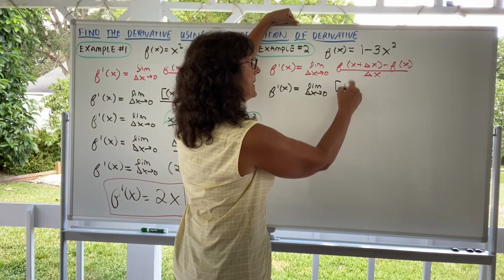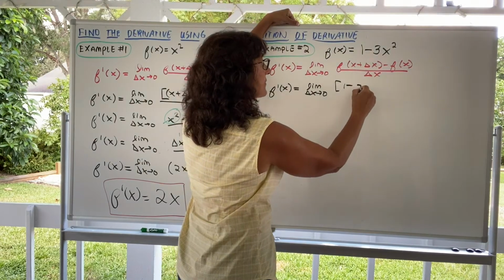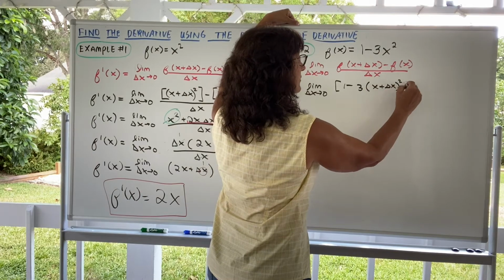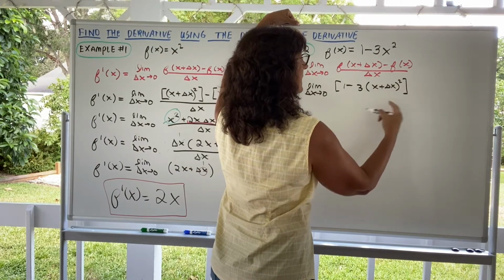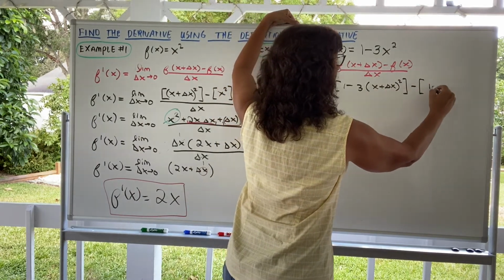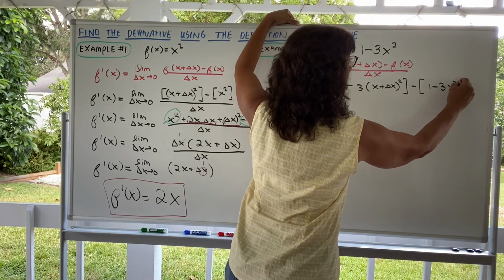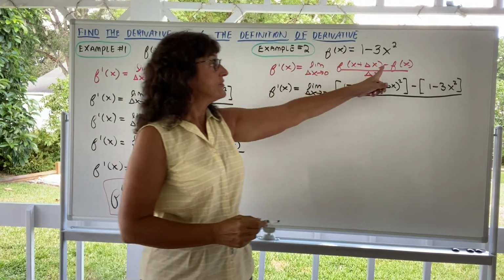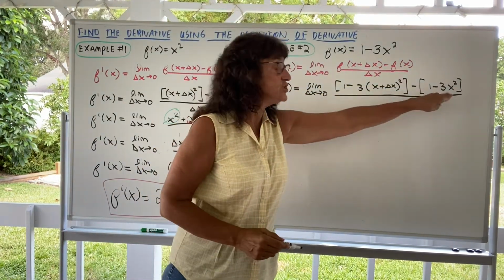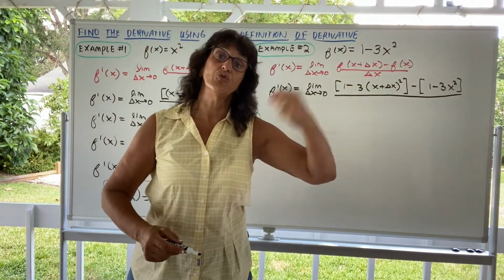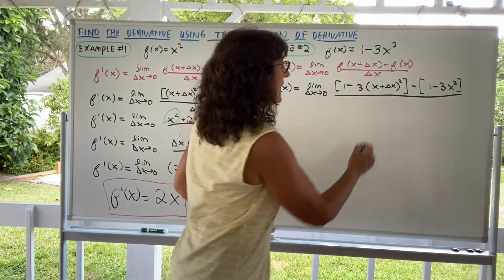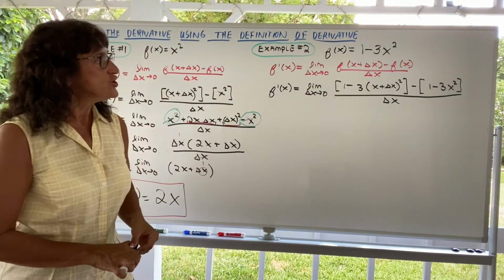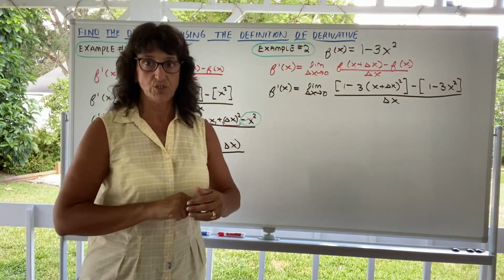So you have 1 minus 3 times the quantity x plus delta x, and we're going to square that, okay? And then from that, we subtract the function, which is 1 minus 3x squared. Note the grouping symbols, because this is subtracting the function. If your function has more than one term, you have to subtract each term of the function. And then your denominator is delta x. Okay? So with function notation, you're just replacing each expression.